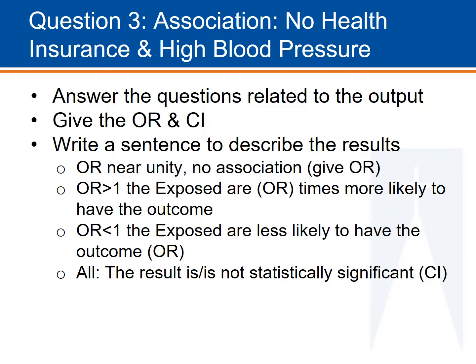Or if it is easily made into a fraction, you can talk in terms of 0.5 or half as likely, or 0.3 as a third as likely to have the outcome. In reporting statistical significance, conclude whether the odds ratio result shows a statistically significant difference and support that with the confidence interval.